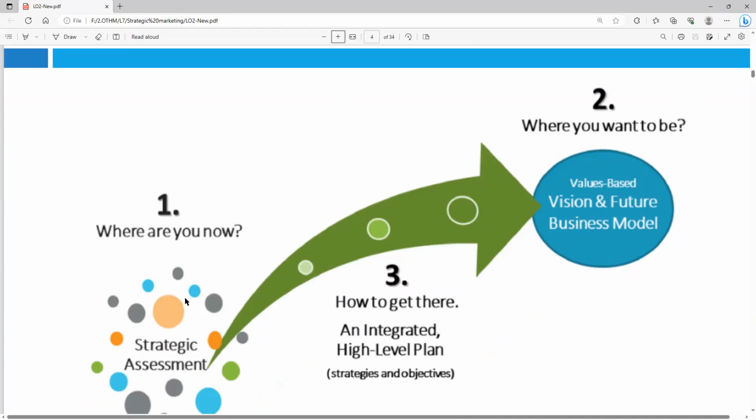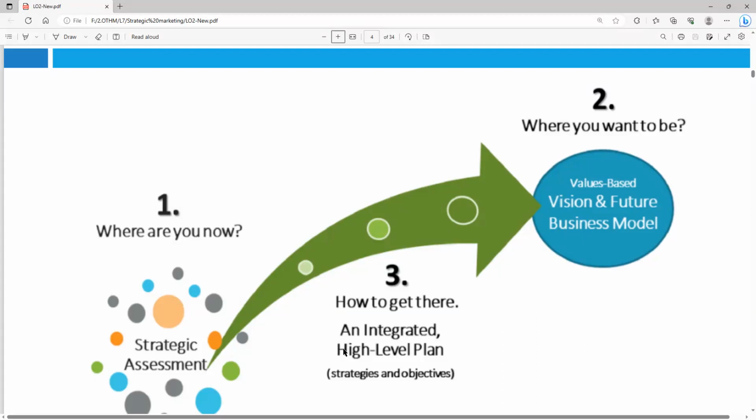Where are we now? Then we need to look at where we want to go, where we want to head. So where we want to be in X number of years' time, for example, that will determine our vision and future business model. And how do we get there is the integrated high-level plan, where we determine the strategic goals, strategies and objectives, and we develop the strategic options and implementation.